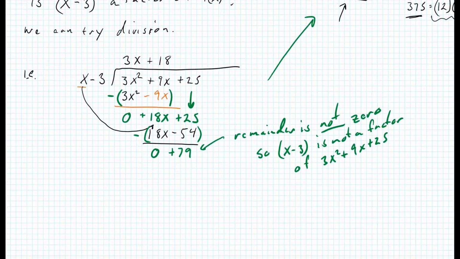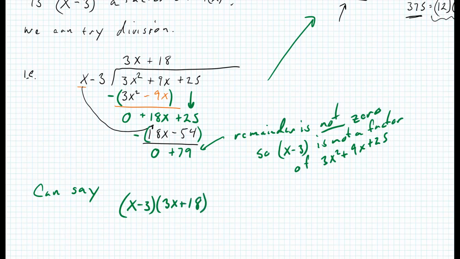What can I say? Similar to what we said above, I can say x minus 3 times 3x plus 18, plus my remainder, is my original polynomial, 3x squared plus 9x plus 25.